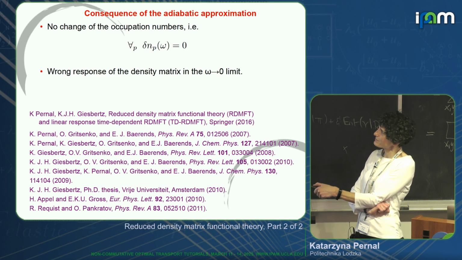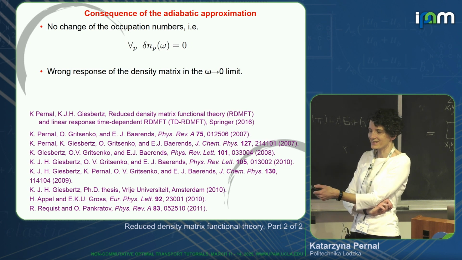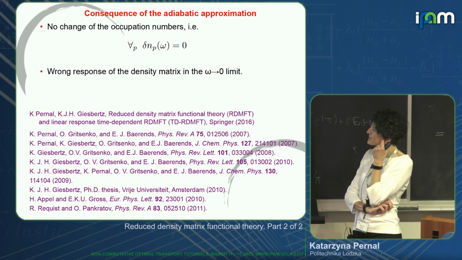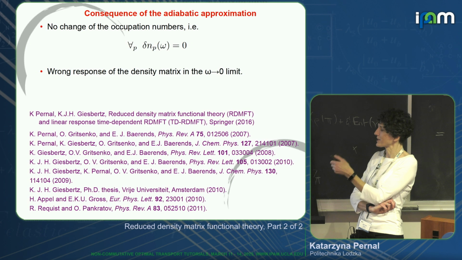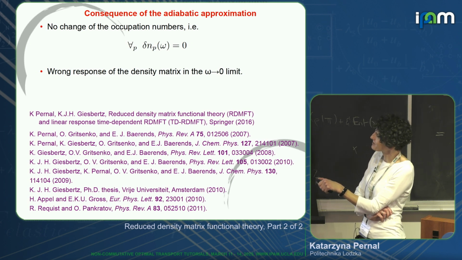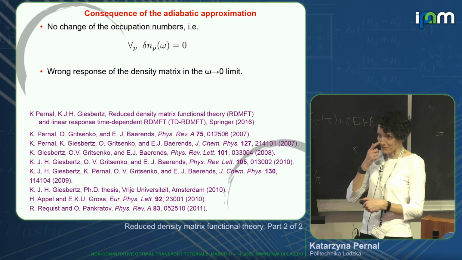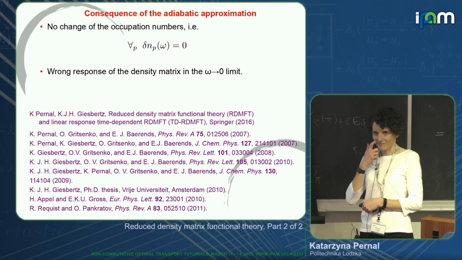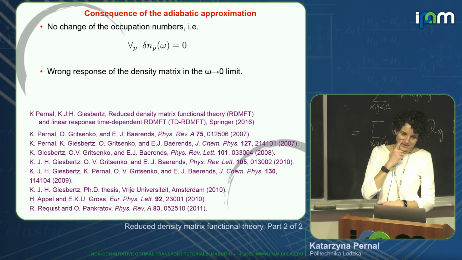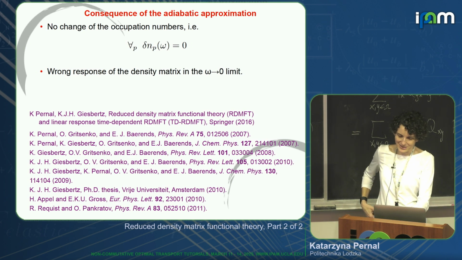You may still be optimistic and say, okay, maybe this is a small thing and we can still get quite reasonable results. It's partially true, but in some cases, as I will show now, we pay a high price for adopting the adiabatic approximation. It means no changes in the occupation numbers, so we are throwing away part of the response of the density matrix, and we don't recover it.